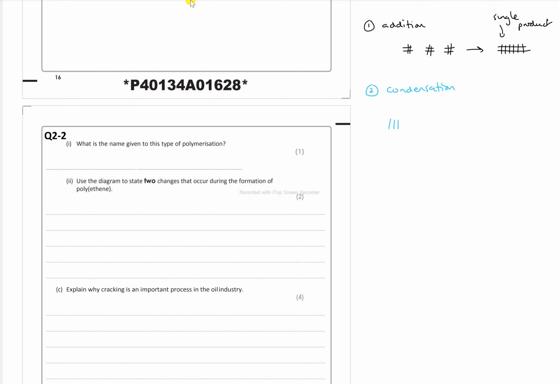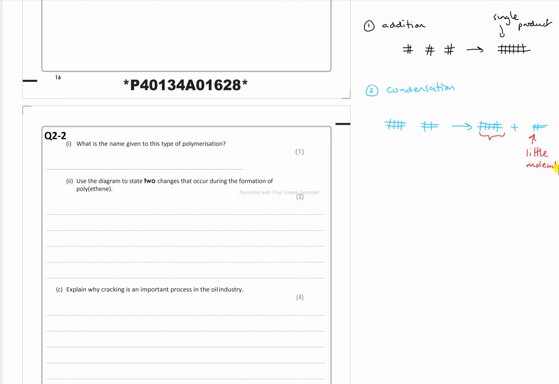So what happens is you get one of them, you get loads of them, you end up with one of these and one of those, for argument's sake. Now you notice here, you've got your main product that you want and a little molecule on the side that you lose.